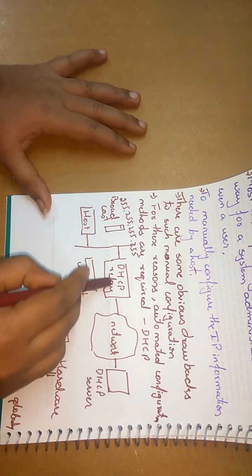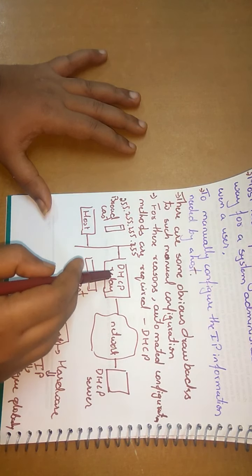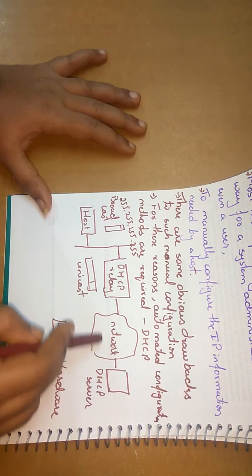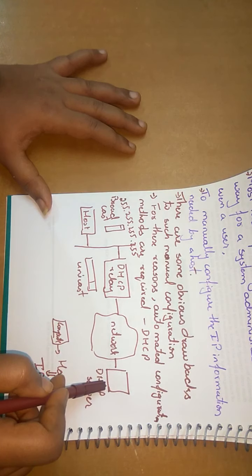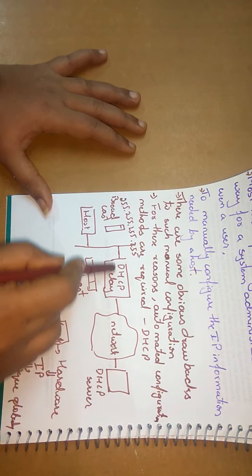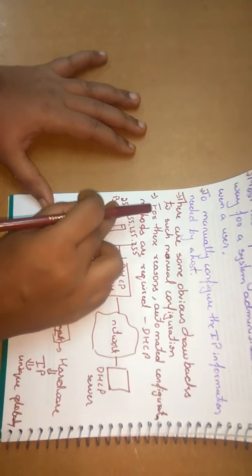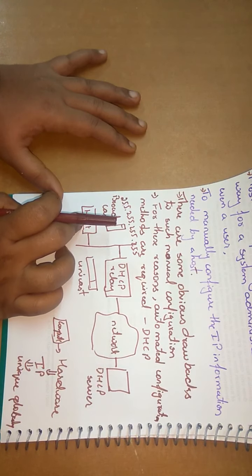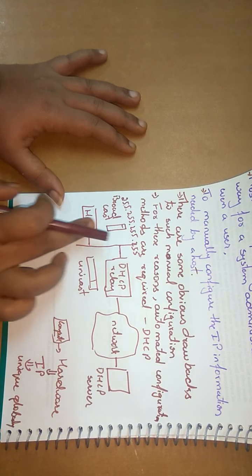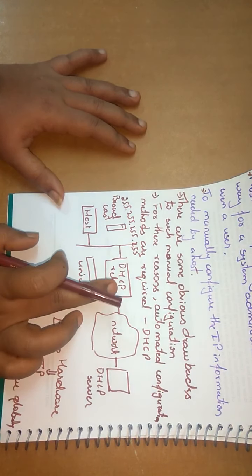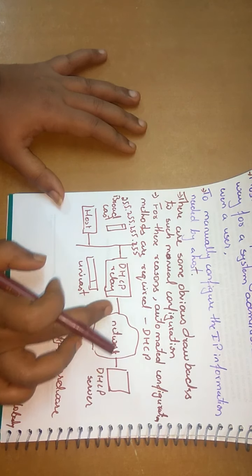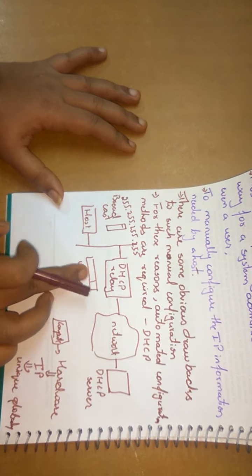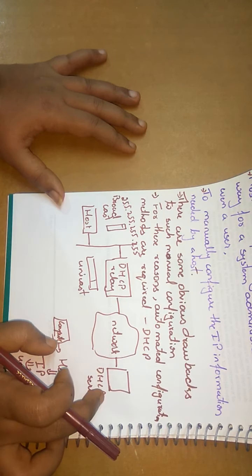So it would reach all the hosts, but the connected one will go to the server. Before going to the server, there is a DHCP relay. It will receive this broadcast from the host on the subnet, and it will unicast it to the DHCP server.